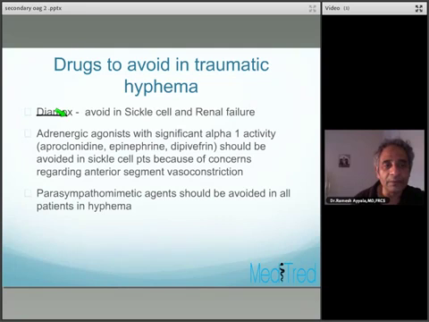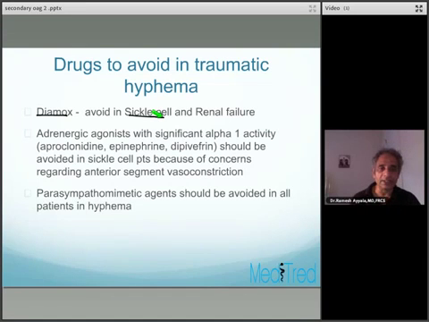The reason for avoiding Diamox in patients with sickle cell disease obviously is because Diamox can increase acidosis and cause dehydration to some degree, both of which can lead to increased sickling of the RBCs that can worsen the situation and in fact can precipitate a sickle cell crisis in this patient population.